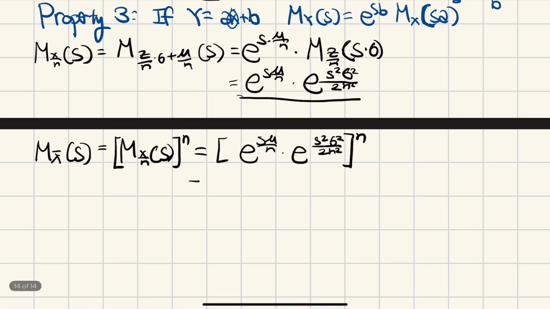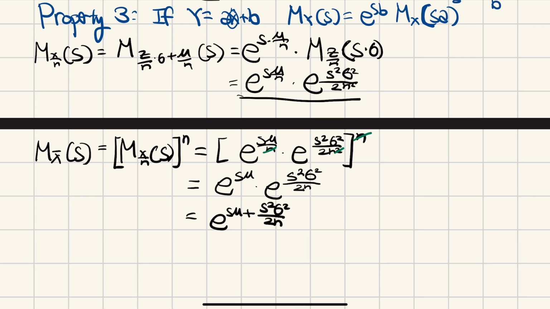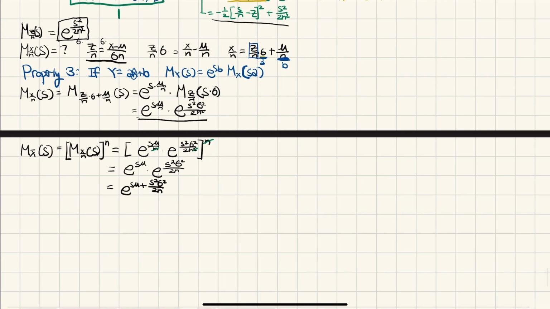Which equals e to the power of s mu times e to the power of s squared sigma squared over 2n. Basically, I just cancelled out the n here. Now we can add them up together. Now we have the moment generating function of X mean.